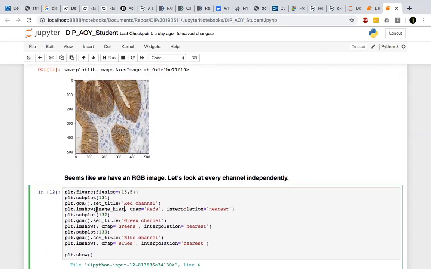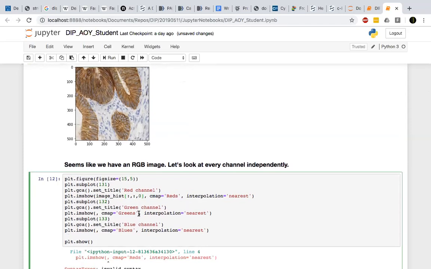If I look at everything and 0, this is the 0th channel. So take a minute and fill out the rest of them. At the end, you should have shown 3 images of different colors, red, green, and blue. This is the first one, and continue filling the rest of them.